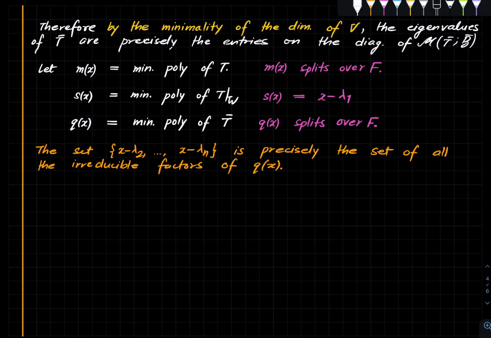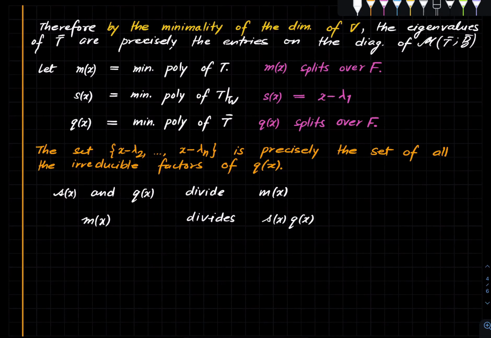And now, by what we recalled earlier, Sx and Qx divide Mx, and we also know that Mx divides Sx times Qx. Okay, so what does the first one tell us? The first one tells us that x minus lambda 1 and each of these people are irreducible factors of Mx.